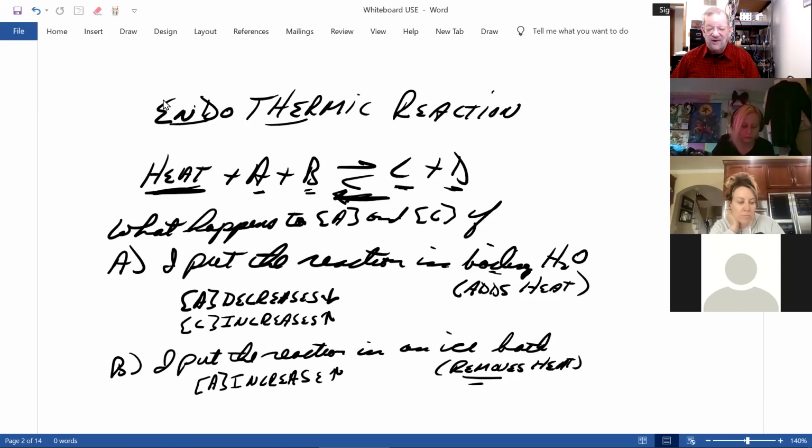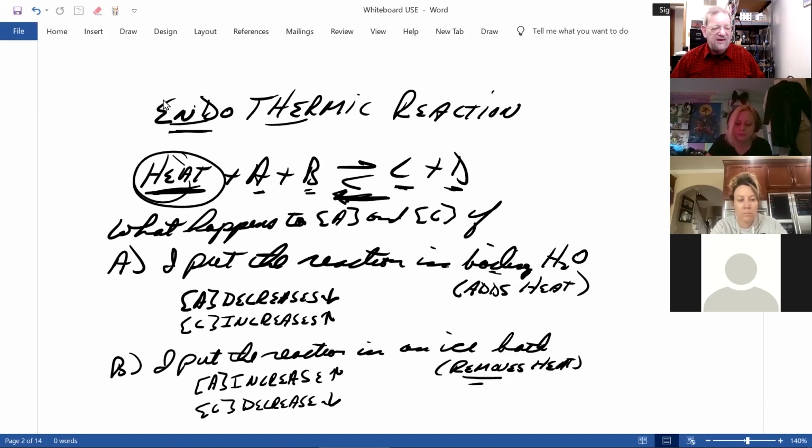That's what happens when you react something. Just like if you eat part of the French silk pie, do you have more or less of it when it's consumed? The answer is less, which means the amount decreases. And that's how you do Le Chatelier's principle for an endothermic reaction.